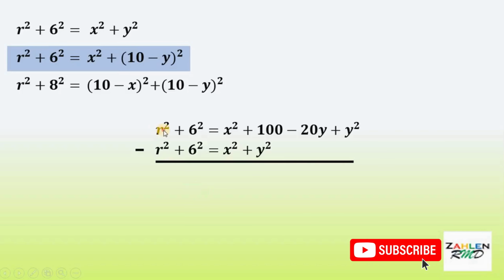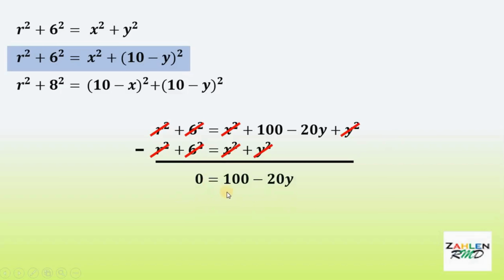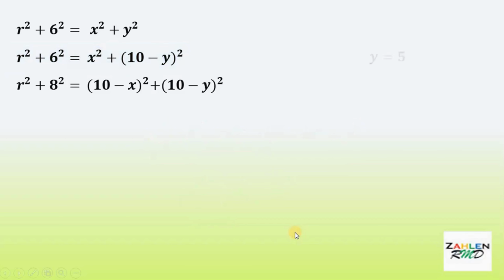The r squared cancels out, 6 squared and 6 squared also cancel out, x squared and x squared cancel out, and the two y squared also cancel out. Now we have 0 equals 100 minus 20y. Add 20y to both sides and we get 20y equals 100. Divide both sides by 20 and we get y equals 5.